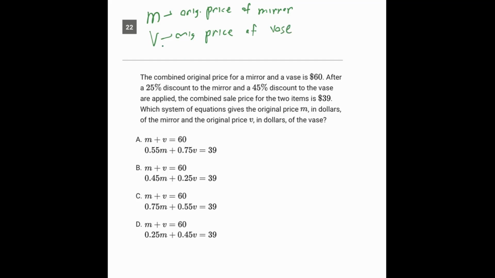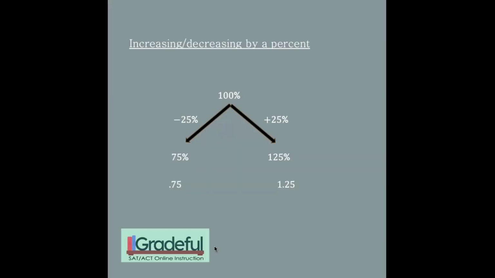So right now, after writing those out, we can easily say M plus V has to be 60 because the original price combined was 60. So now the question is telling us that if for that M, for the mirror, if we discount it 25%, well, what number are we going to have here?